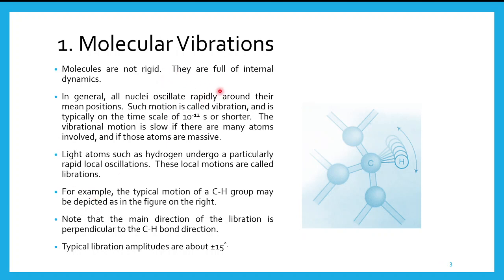So you have these vibrations, and of course the motions will depend on whether you have many atoms or if the atoms are massive. That is going to hinder the movement, so the movement will be slower. But if you have something lighter, like hydrogen atoms, you have these rapid local oscillations, which are called librations, as in the picture here.